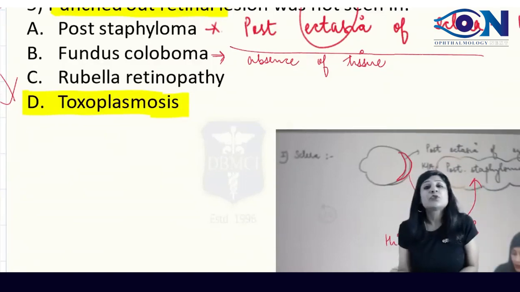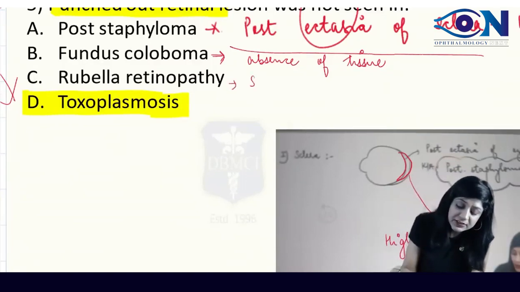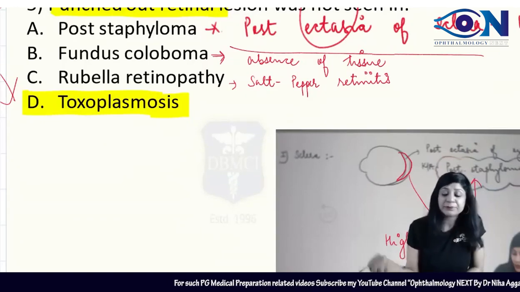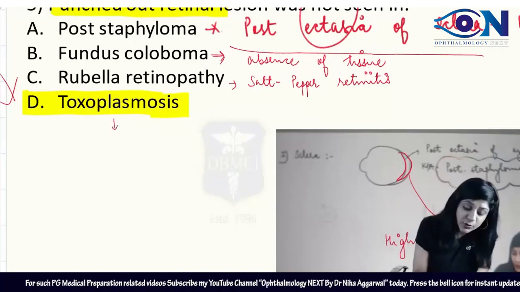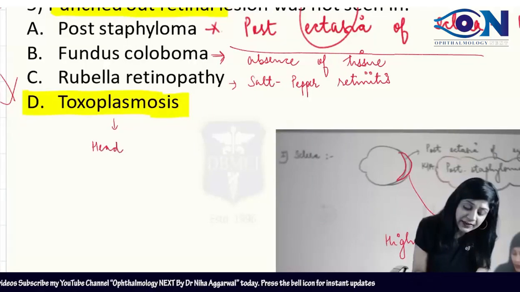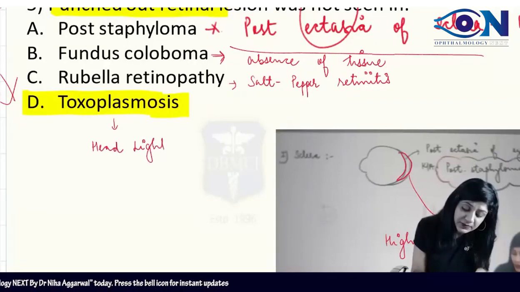When I talk about the rubella retinopathy, this is typically a salt and pepper retinitis. And in the cases of toxoplasmosis, you will typically have the headlight in the fog appearance.